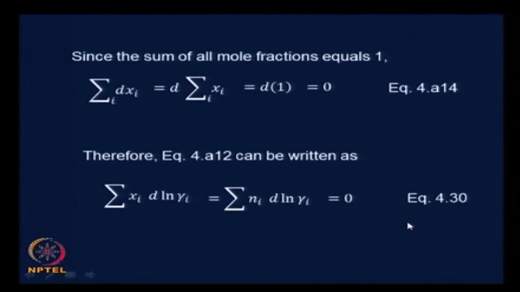Now let us take this further. We did this for a purpose, and if you remember we started looking at excess quantities. Again, to recall, excess quantities are defined the same way and play similar roles as the residual properties for pure substances.